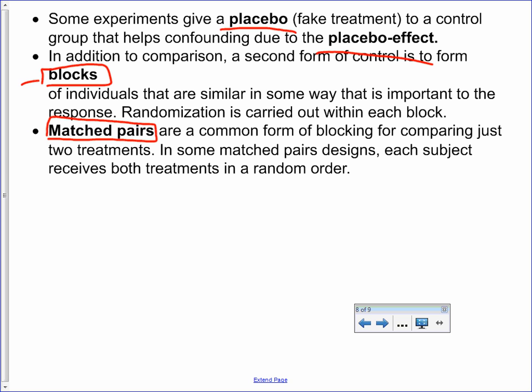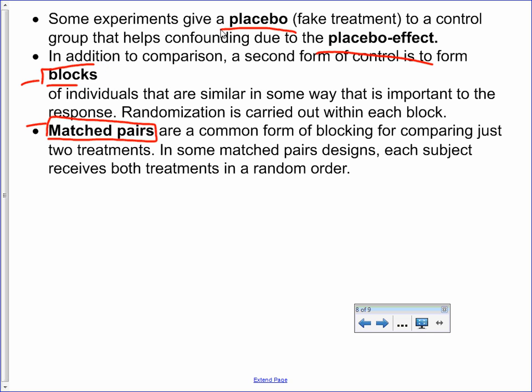One of the biggest ways to tell the difference between a block and a matched pairs is that the answer to matched pairs will always be the difference between the pairs, where the blocks are comparing two different populations. This will make sense later, but if we had blocks, we'll end up with two different averages or two different proportions.